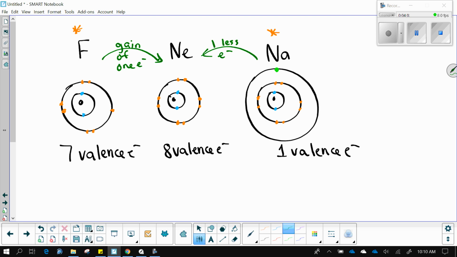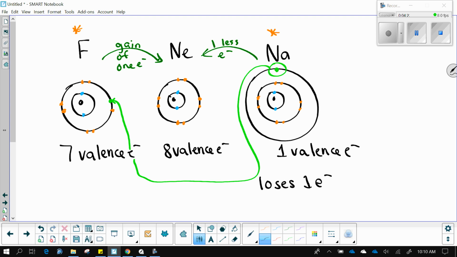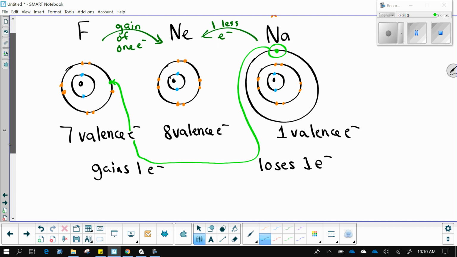If sodium is going to get rid of its electron and send it over here to fluorine, now sodium loses 1 electron, fluorine gains 1 electron, and now look at all of their electron shell models, they are all identical.